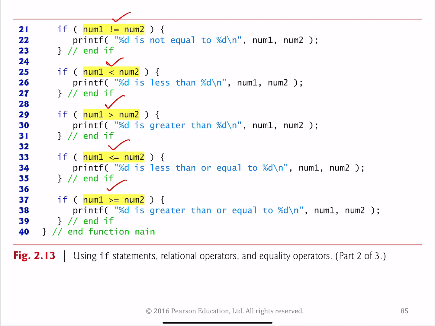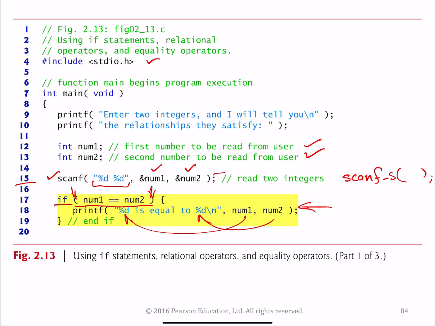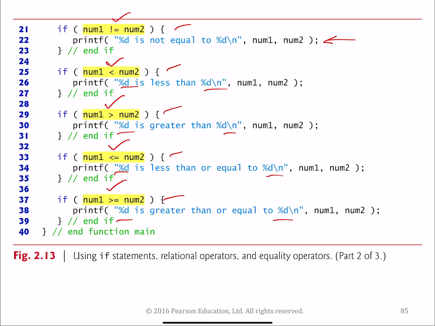And all of these have one printf statement in the if block, and it prints out num1 is not equal to num2, num1 is less than num2, num1 is greater than num2, num1 is less than or equal to num2, num1 is greater than or equal to num2, depending on whichever of these 6 conditions happen to be true.